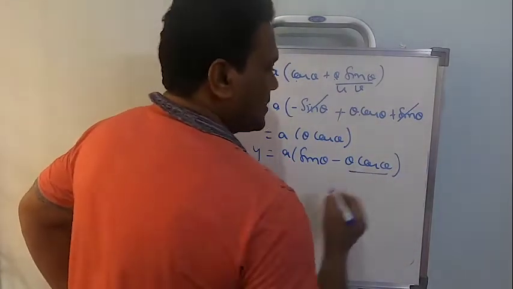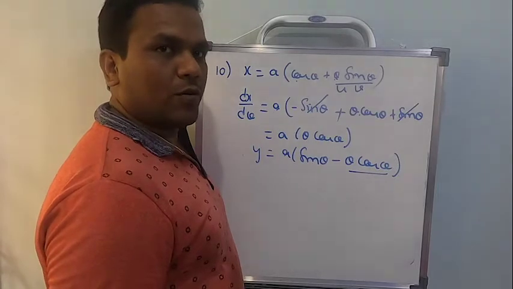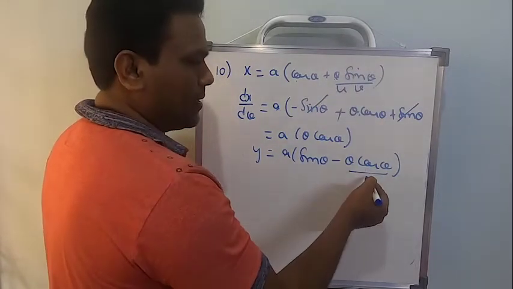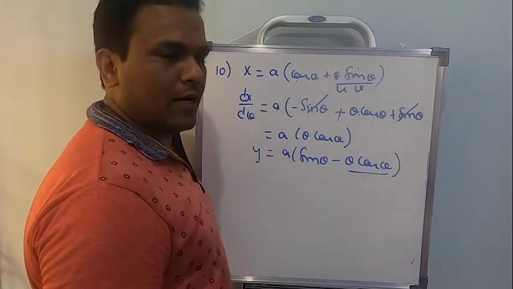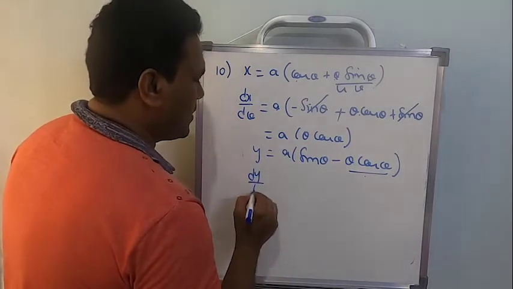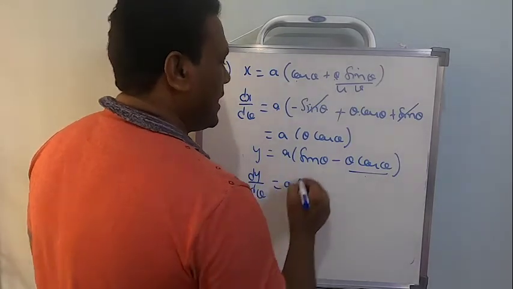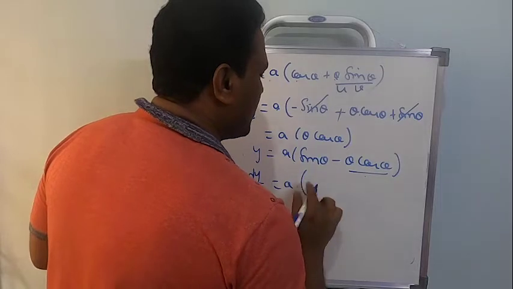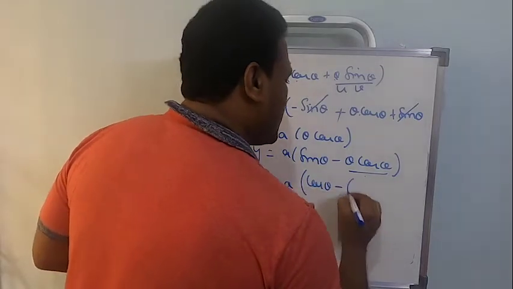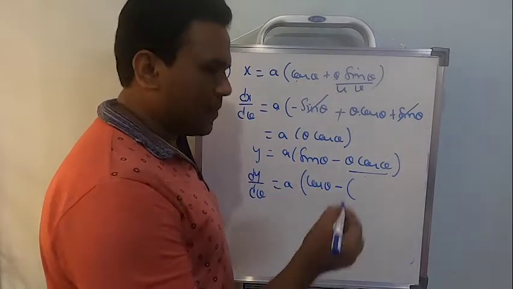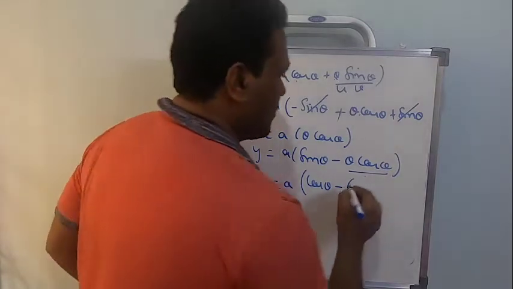Now once again, theta sin theta has to be done by product rule. If you are able to understand and analyze that the product rule has to be applied, it's done. So let's consider dy by d theta equal to a multiplied by differentiation of sin theta, which will be cos theta, minus, I suggest to open the bracket with a minus sign, and the product rule has to be applied.